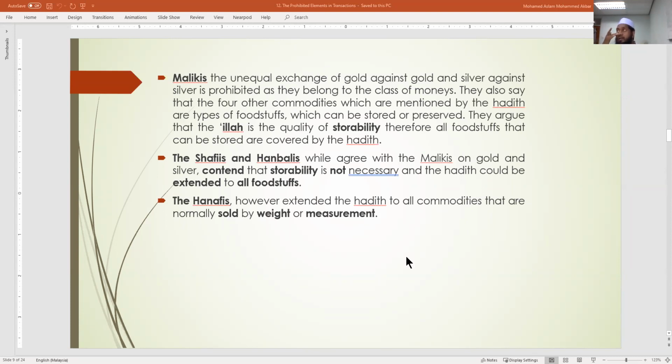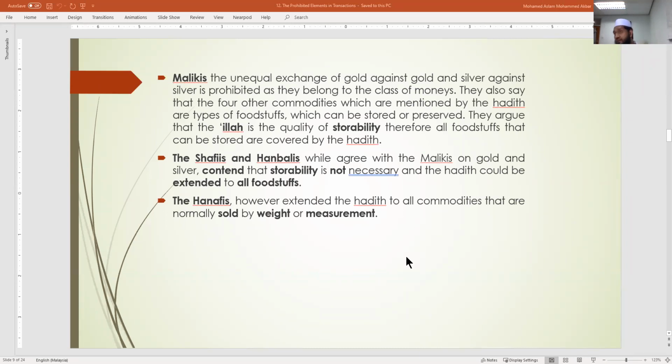For example, there is no storability for vegetables because they get destroyed, right? Fruits, for example, can get destroyed, isn't it? So according to Imam Maliki, vegetables and fruits will not come. But according to Shafi'i and Hanbali, all foodstuff will come.